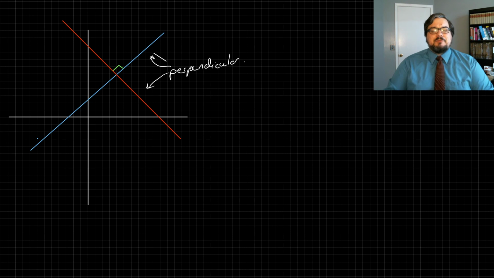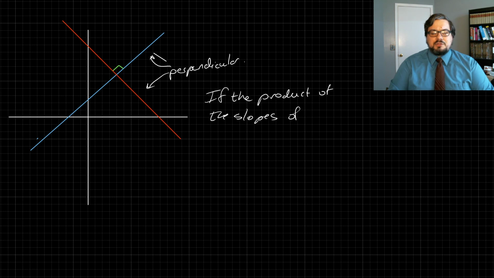So that gives some credence to the following theorem, but again, we're not going to prove this theorem right now. We're just going to use it. So, if the product of the slopes of two lines is -1, then the lines are perpendicular.